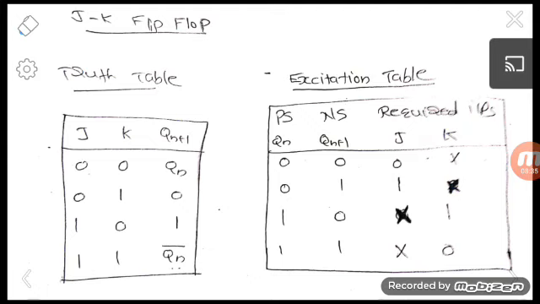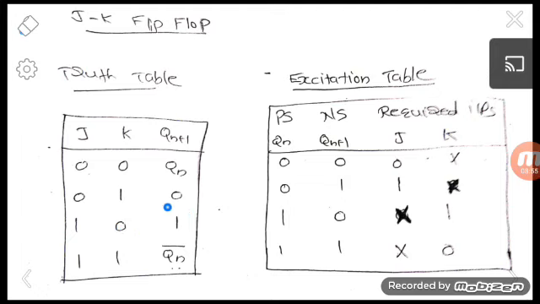For the next condition, the output is changing from 0 to 1. For changing the output from 0 to 1, the first input combination is 1 0. When j is 1 and k is 0, the output will always be 1.